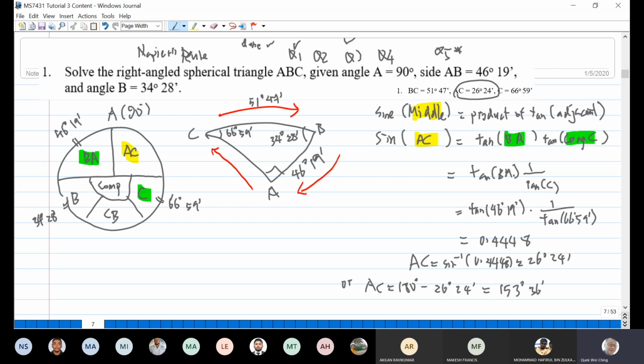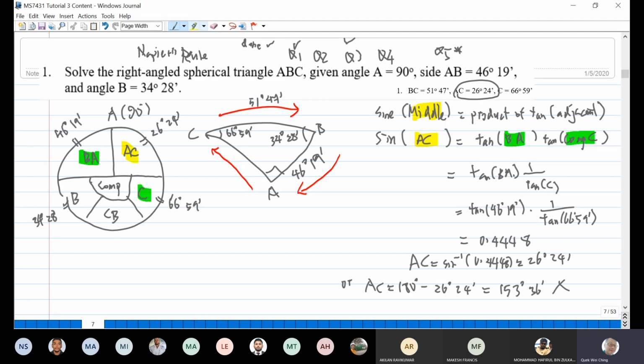Okay, so you get AC, but which one is correct? Of course, the answer is 26 degree, 24 minutes, as I mentioned. Why AC cannot be like this? Reject.